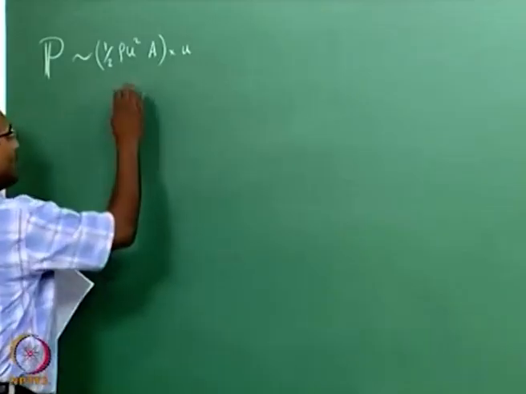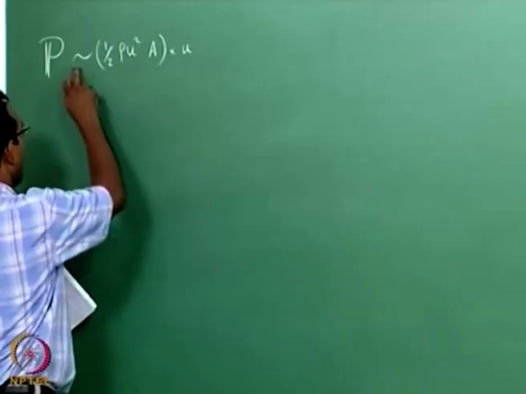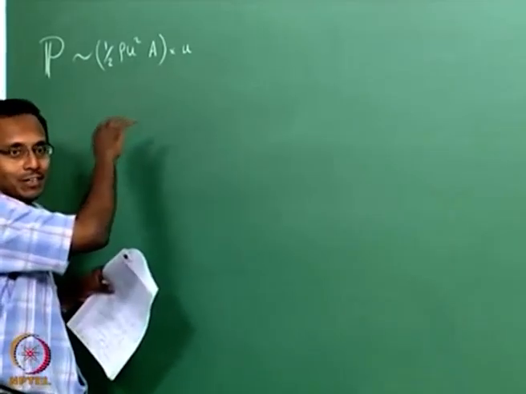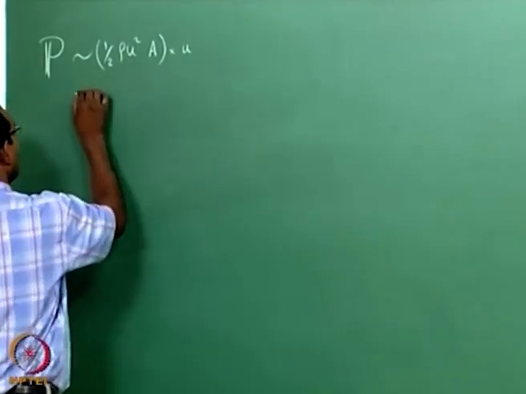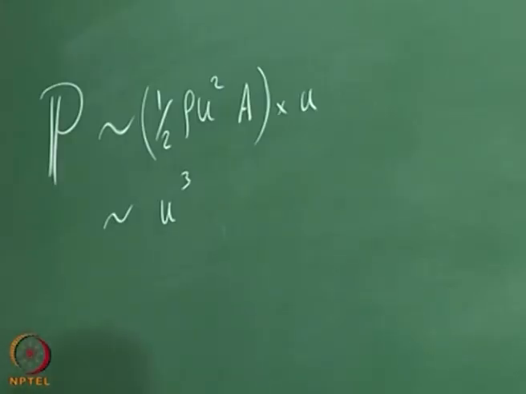This is just a force times velocity kind of explanation for power. It is just order of magnitude wise, it will be correct, it will not be exact. It is going to be of the order of u power 3. If it is u power 3 and I am thinking about very high speeds, it is going to go as a cubic function, it is going to be enormous power.